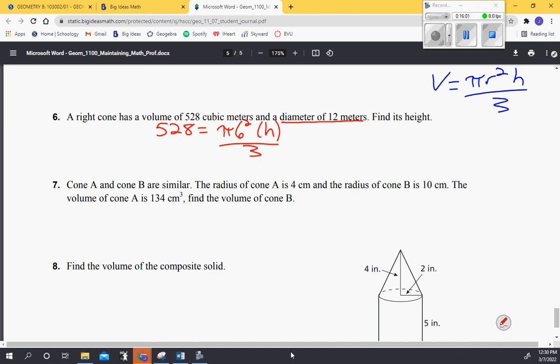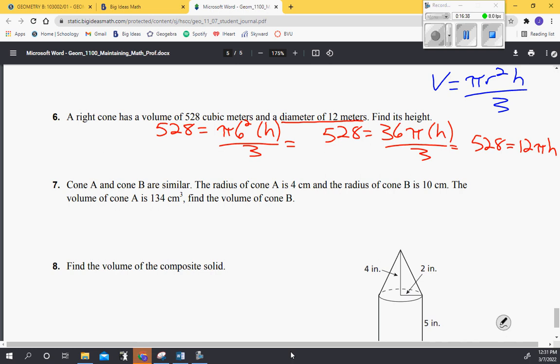A couple different ways to solve this. First thing, 528 is equal to 36 pi times h divided by 3. You can do one of two things. You could simplify 36 over 3, make that 12, or you can multiply by 3 on both sides. I'm just going to simplify the fraction. So 528 is going to be equal to 12 pi times h, because 36 divided by 3 is 12.